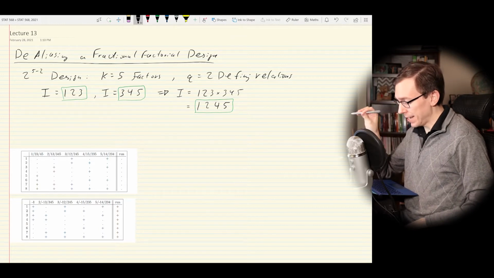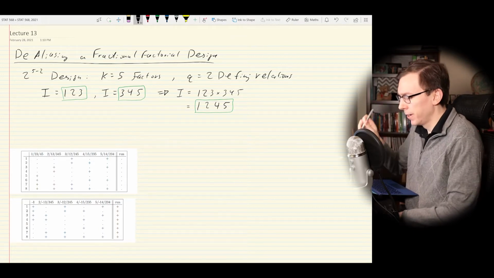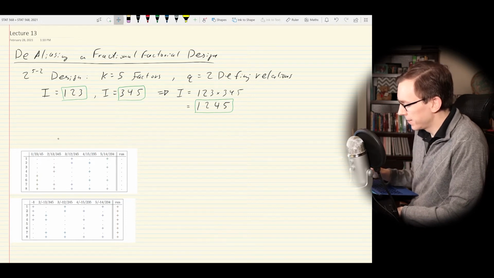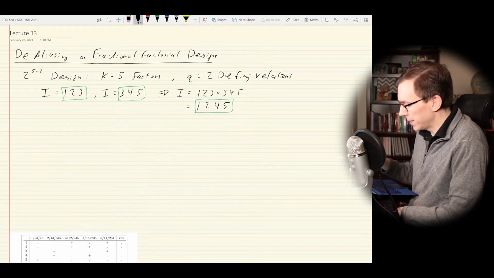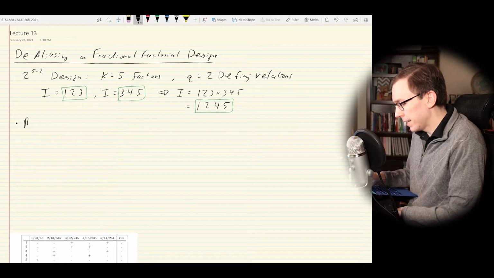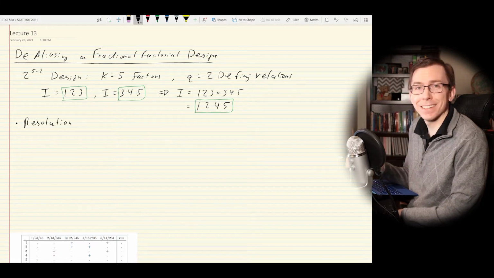Okay, so we have this, and then if we go a little bit further, what we learned last time, let me move all these things down, because we don't need them yet. So what we learned last time, going back to some of the definitions that we discussed, this design has a resolution of what?